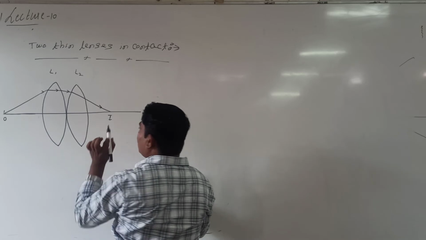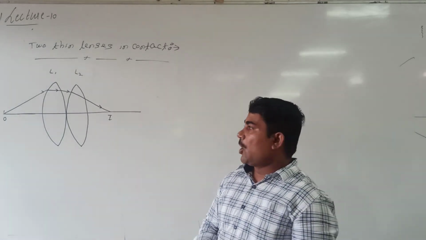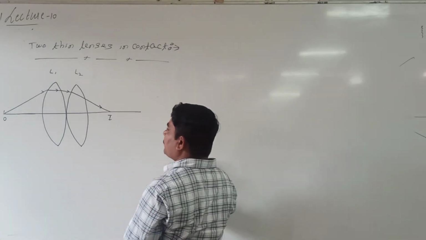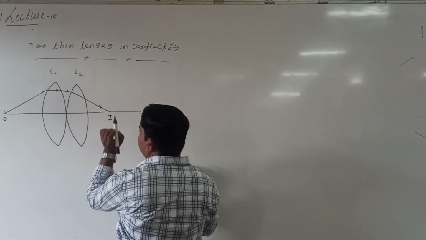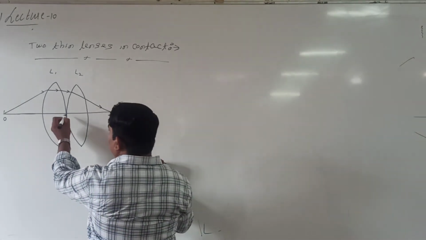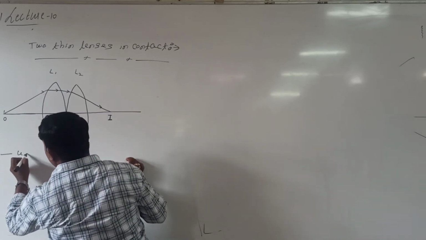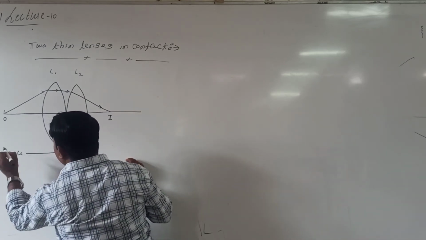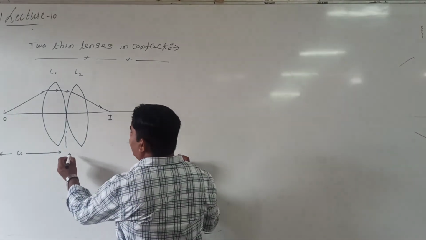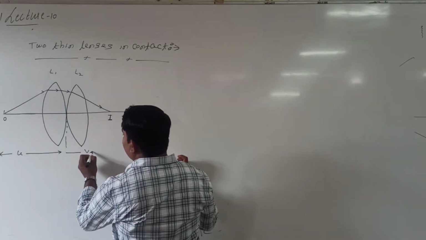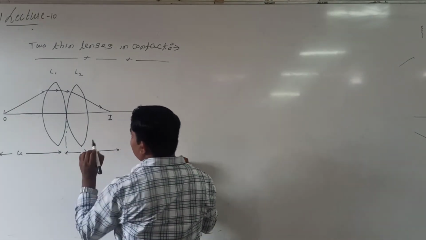This we are calling I. I mean after refraction the image of the object appears at I. Actually both have a common principal axis, so the distance between the common optical center and the object is called the object distance, and the distance between the optical center and the image is called the image distance.